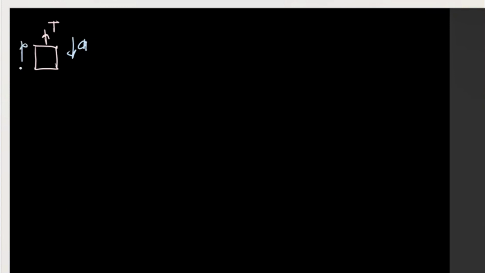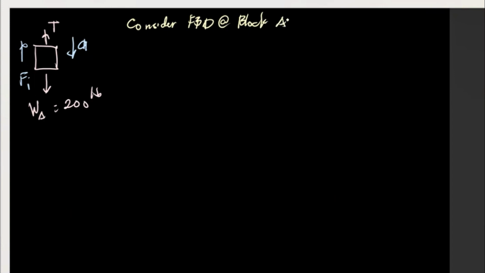So, therefore, our inertia force ay pataas. And then, we have the weight ng ating block A na 200 pounds. Yeah. So, considering ito, no? Considering yung ating free body diagram at block A.